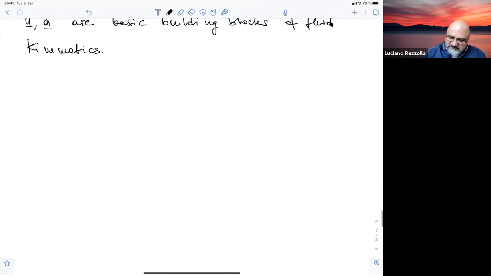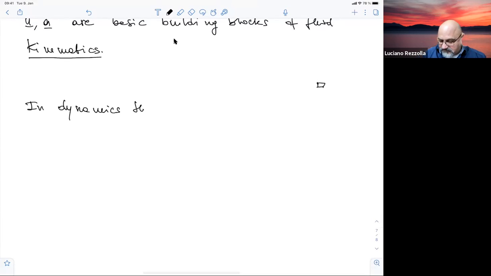But life is more complicated than just kinematics. You would like to have dynamics. So in dynamics, there are two more basic building blocks, tensors.